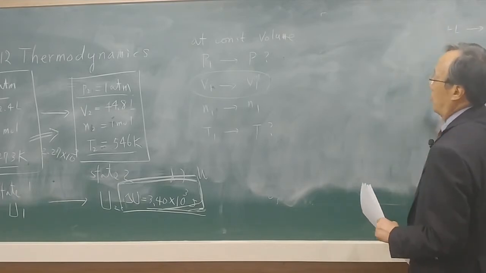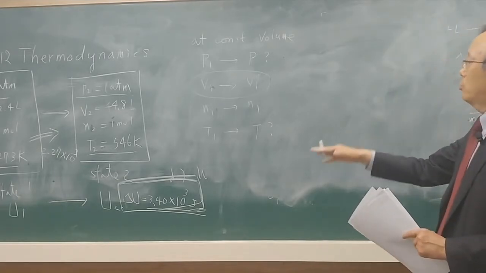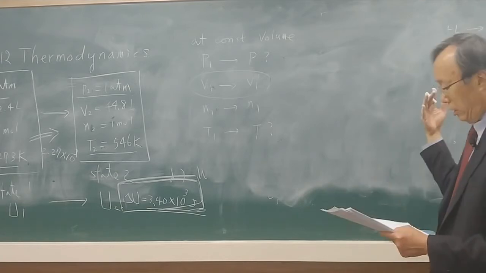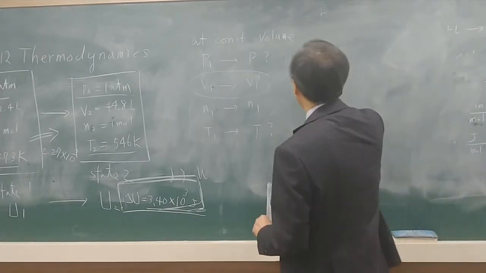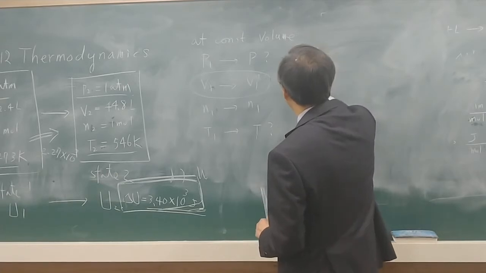So from state 1 to state 2, at constant volume, why don't we calculate delta U and delta H?